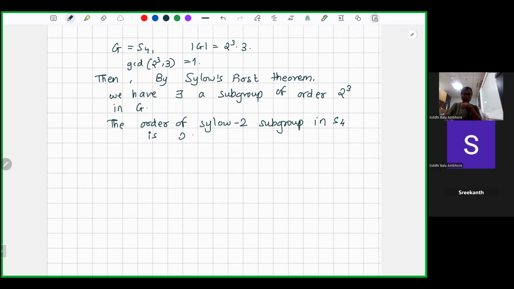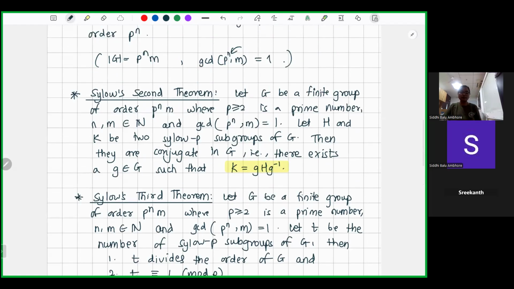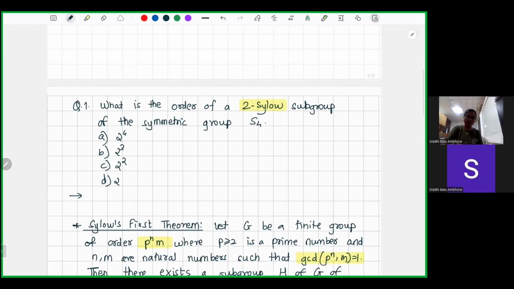I hope this is easy to understand. So the correct answer is this 2 cube.